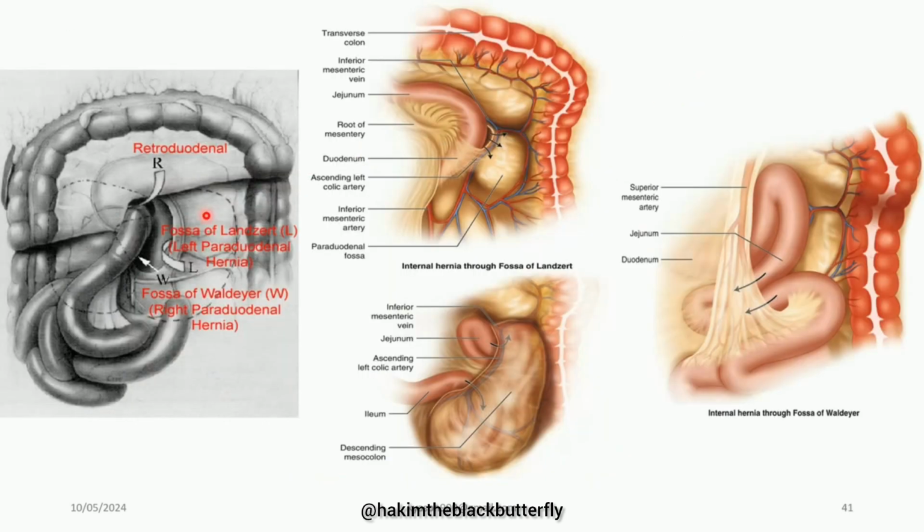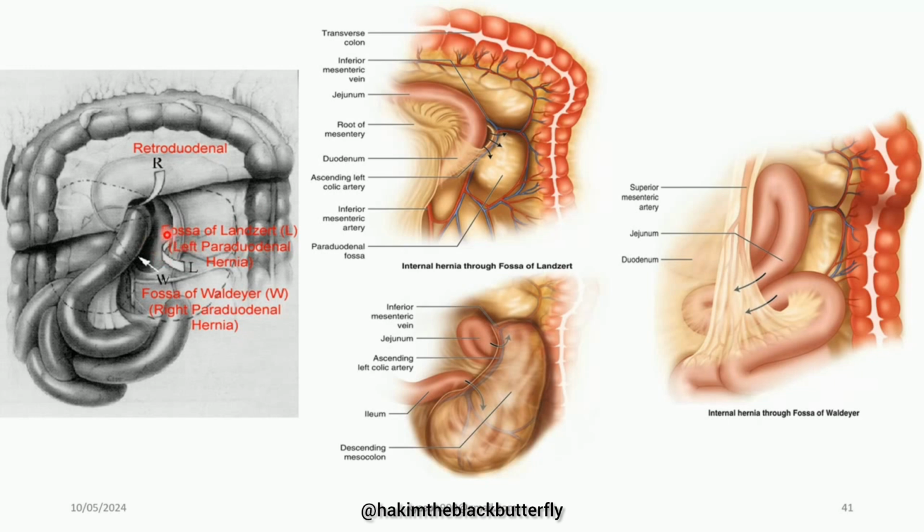Now, we can see them here. We have the duodenum here. Normally, close to the duodenum, there are some potential spaces. There's a potential space behind the duodenum, and a potential space on the left lateral side of the duodenum. This is called the left paraduodenal fossa, or the fossa of Landzert.